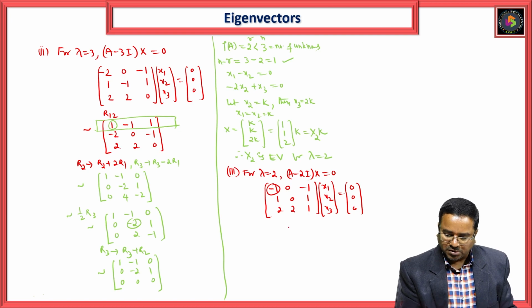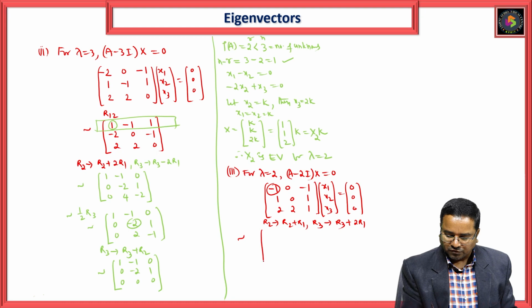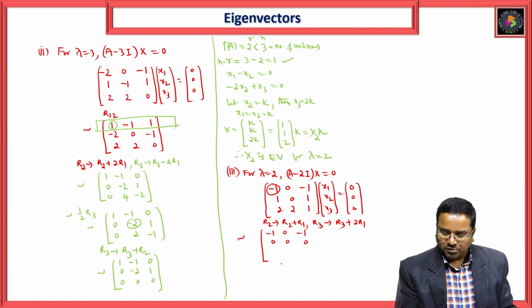Now we can reduce. R2 goes to R2 plus R1, then R3 goes to R3 plus 2R1. Now the first row is minus 1, 0, minus 1. Adding this, 0, 0, 0, then 0, we will get 2.